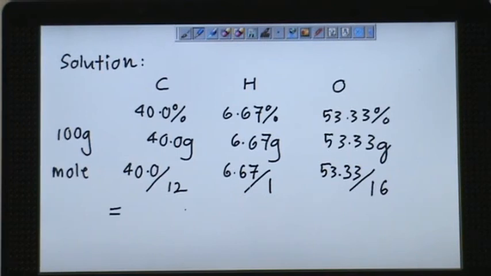We get the numbers first. 40 divided by 12 will give you 3.33. 6.67 will be 6.67. And then 53.33 divided by 16, you should be able to get 3.33 as well.